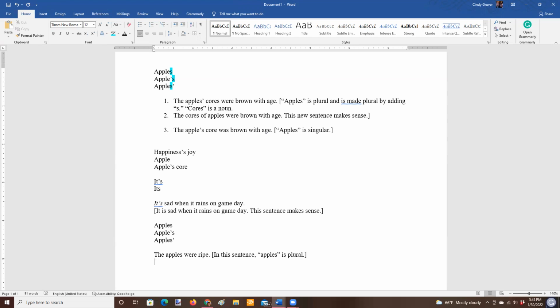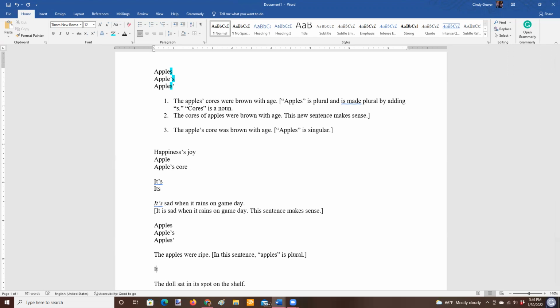Now we're going to do, so now we have this sentence. The doll sat on its spot on the shelf.